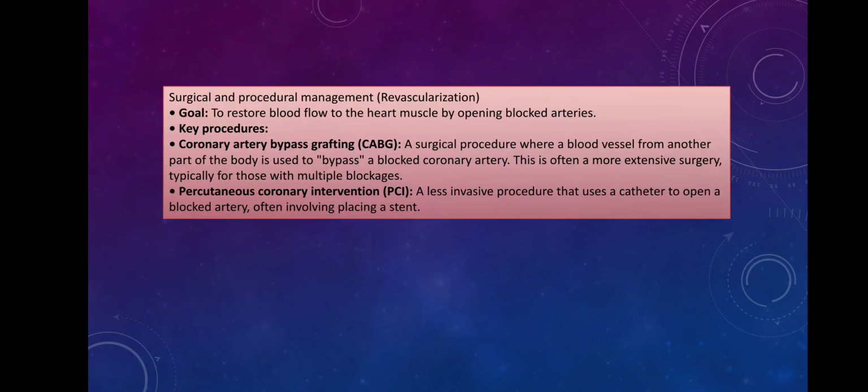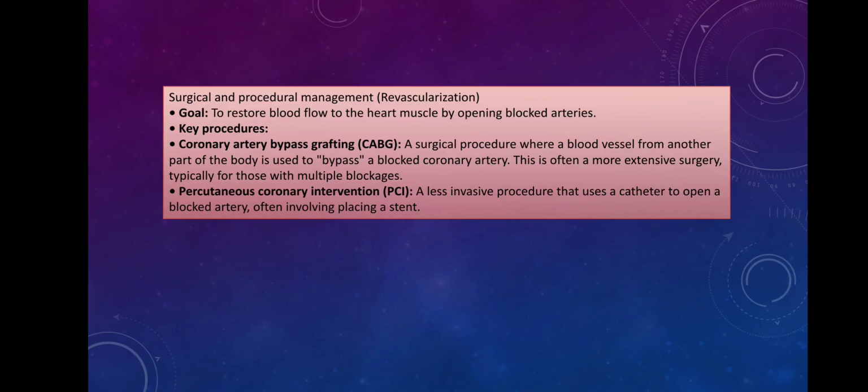Then we will move to surgical management. What is the surgery done in ischemic heart disease? The main goal of surgery is to restore the blood flow to the heart muscles by opening the blocked arteries.